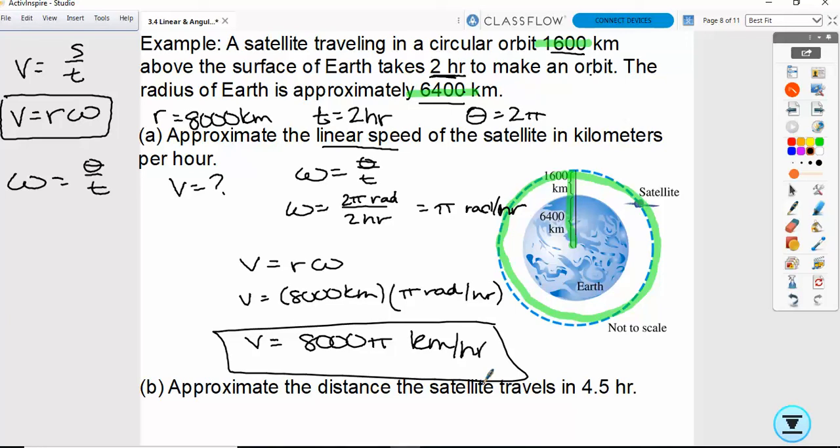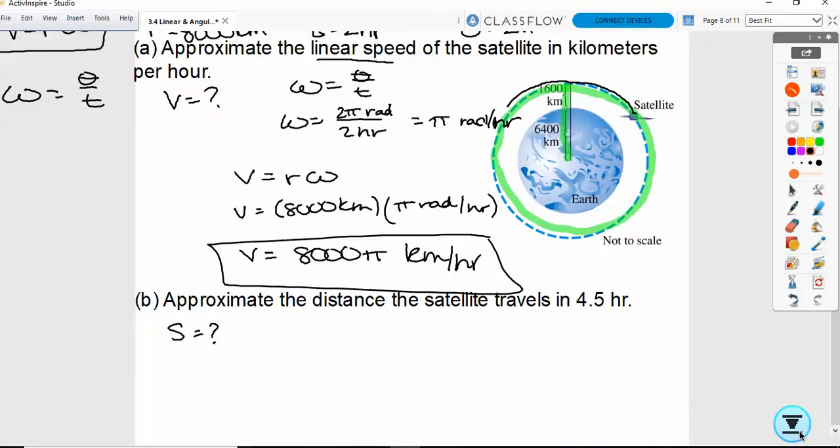So part B, approximate the distance the satellite travels in 4.5 hours. So the distance it travels, the satellite's out here, what variable represents the distance it travels? S. What's the 4.5 hours?